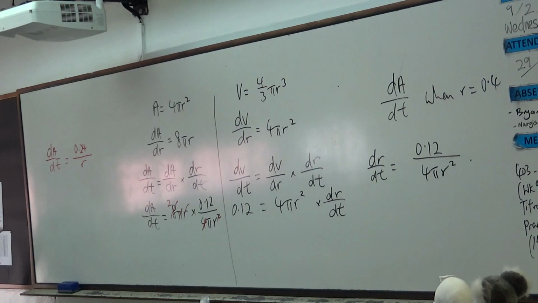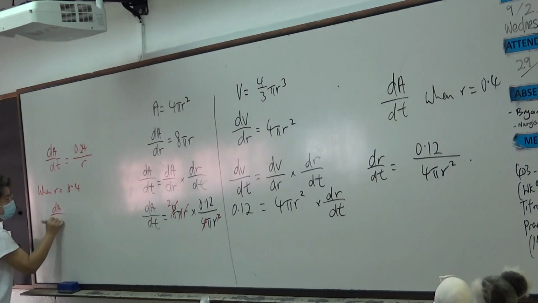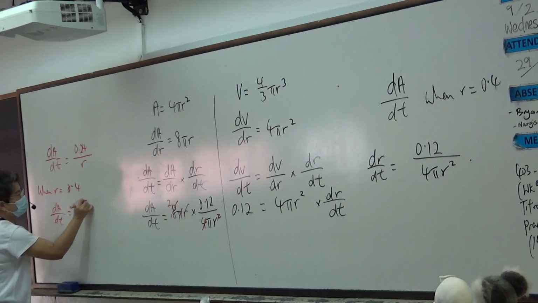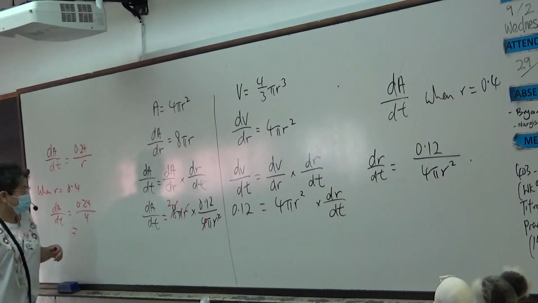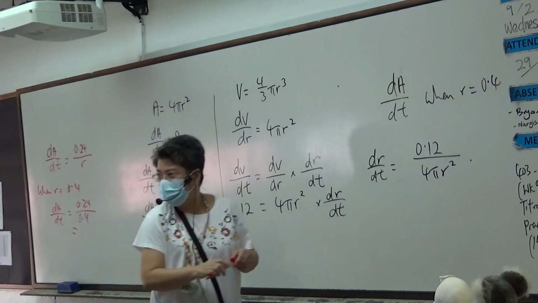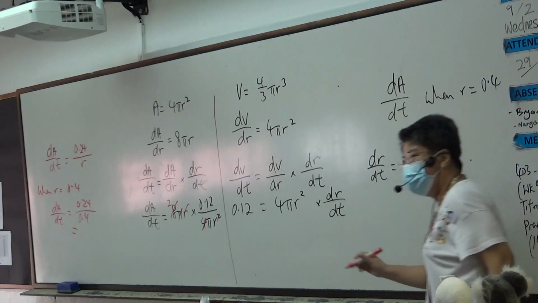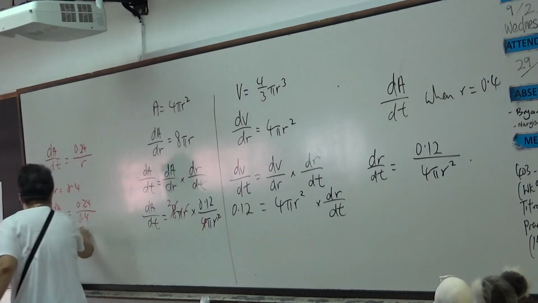Then they say when r is 0.4. When r is 0.4, dA/dt will be 0.24 over 0.4. So what would that be? 0.6.